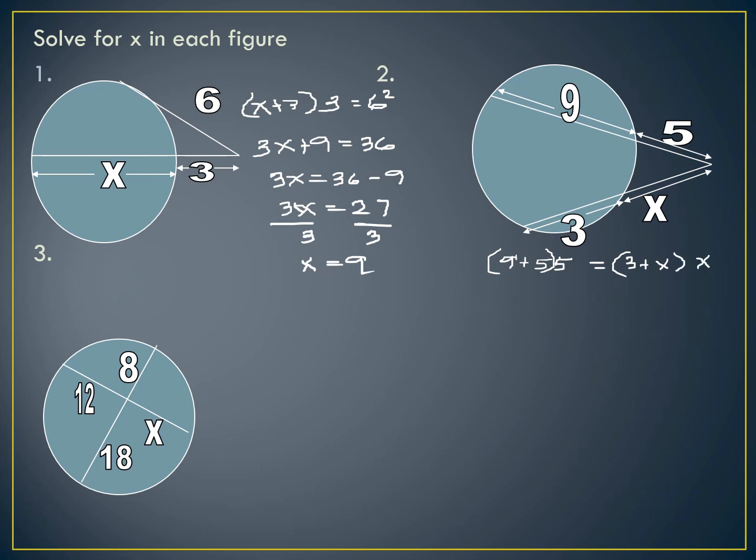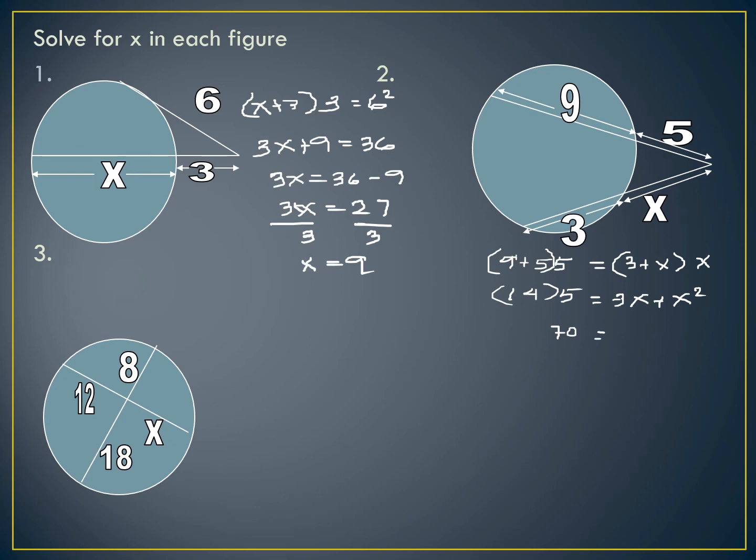So, simplify natin. 9 plus 5 is 14. Then, times 5. Sa right side naman, distribute natin yung x. 3 times x is 3x. Then, x times x is x squared. Then, 14 times 5, that is equal to 70.